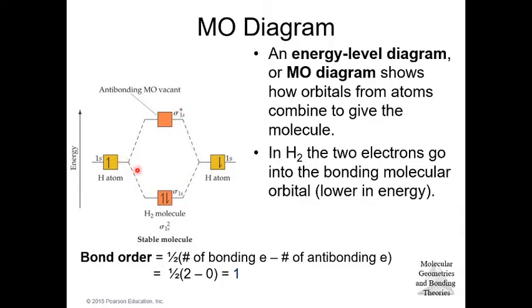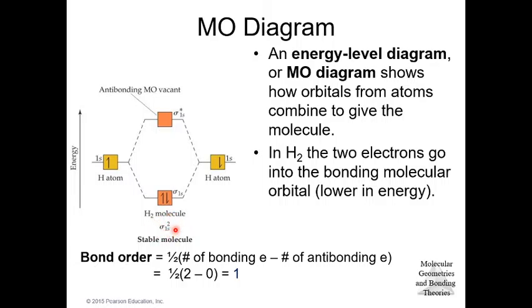And we draw these little dashed lines so we can see where the electrons are going when they fill the molecular orbitals. This is a typical molecular orbital diagram for hydrogen. And we can give these guys electron configurations, just like we do for atoms. So when we're using molecular orbital theory, my electron configuration for H2 is sigma 1s with a superscript 2 to show that there's 2 electrons in my sigma 1s orbital.